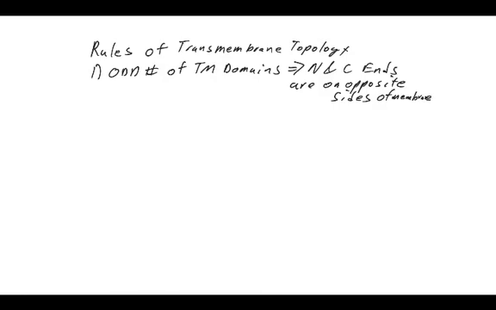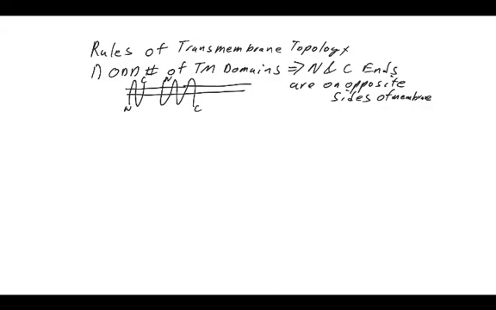And you can kind of see that here. So if I drew a membrane, let's just extend it out a little bit. So if I go 1, 2, 3, N and C are on opposite sides. And if I start on the opposite side, 1, 2, 3, 4, 5. Pretty much no matter what I do, it's just baked in: if you cross the membrane 3 times, you end up on the opposite side of where you started.